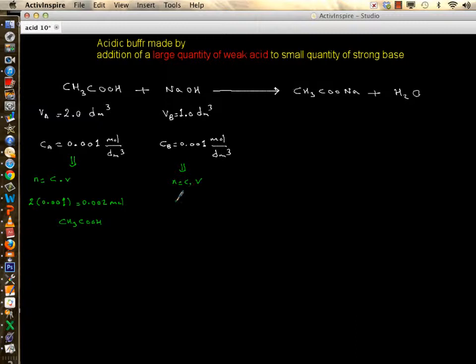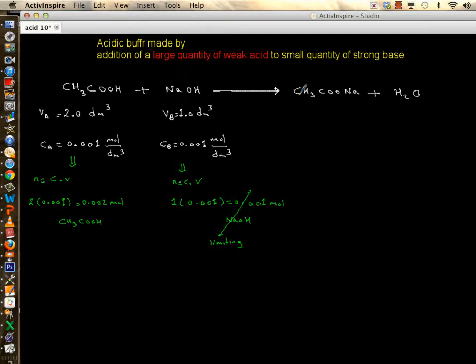In the case of sodium hydroxide, you have 1 times 0.001, which is 0.001 mole of NaOH. Now if you divide these two by their coefficient, you agree this is the limiting reactant. It's going to be all consumed, so none of this is left.